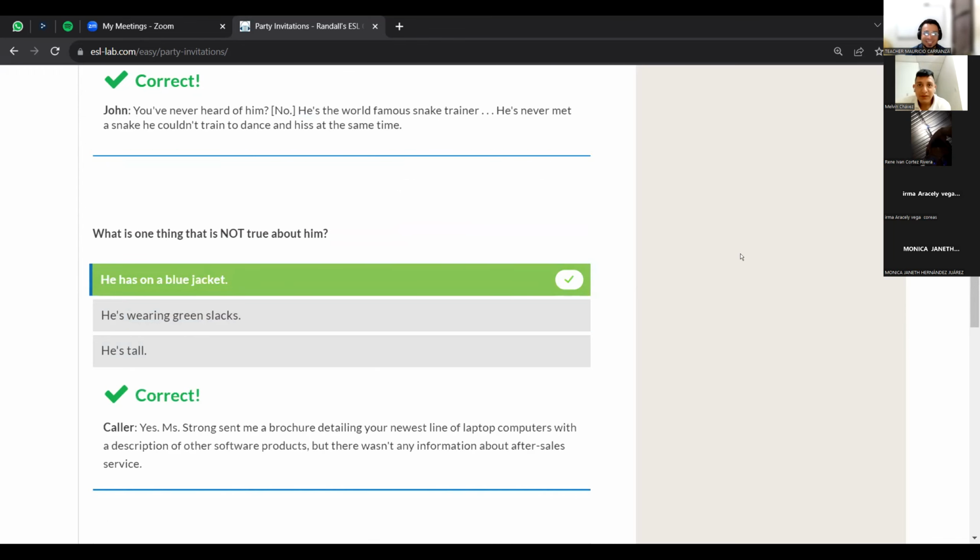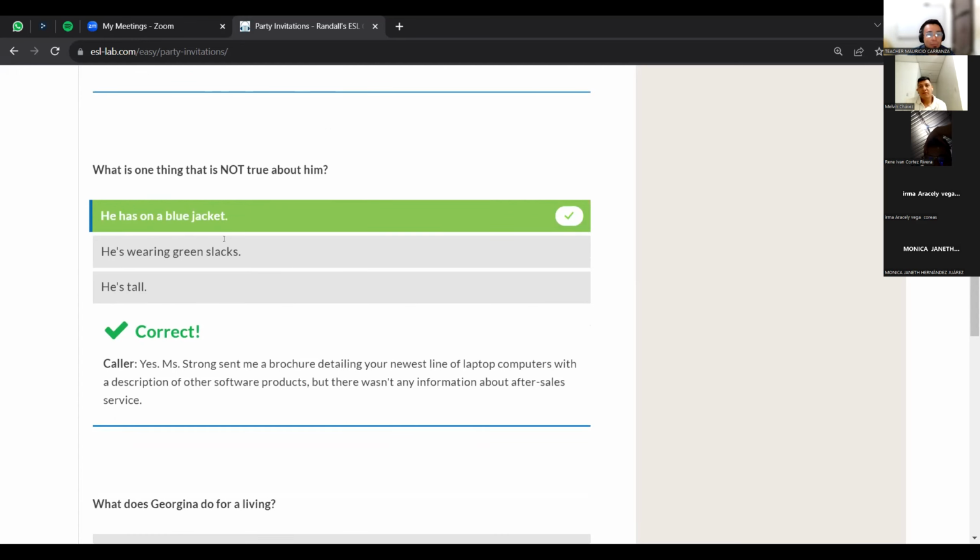No. So you choose the two that are incorrect, right? Esa es la técnica ahorita, elegir las dos que son incorrectas. Okay. Dice que es morada. This is purple. Bueno, dice he has a purple jacket on or something like that.